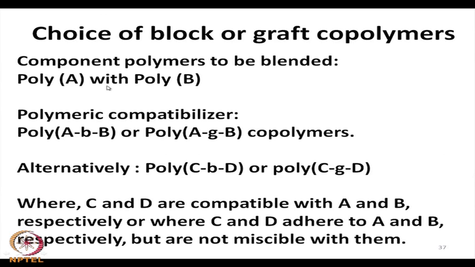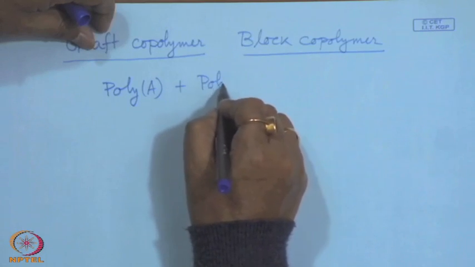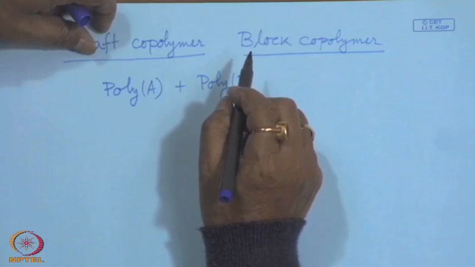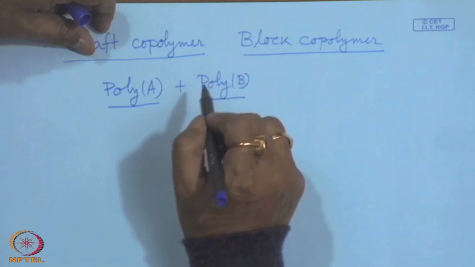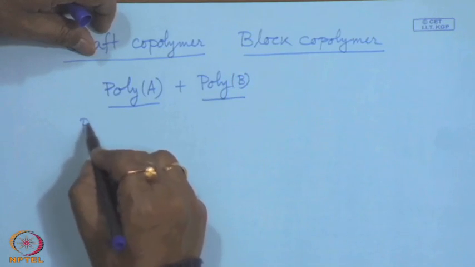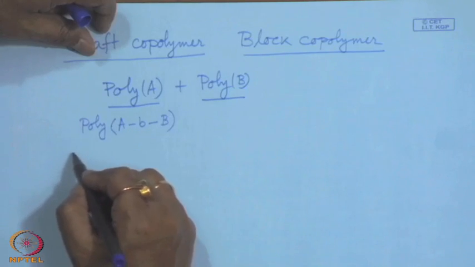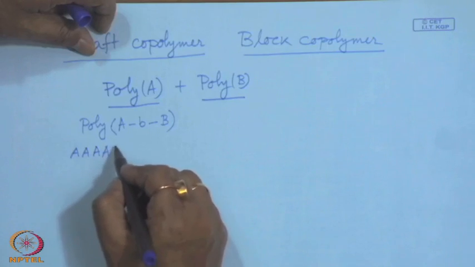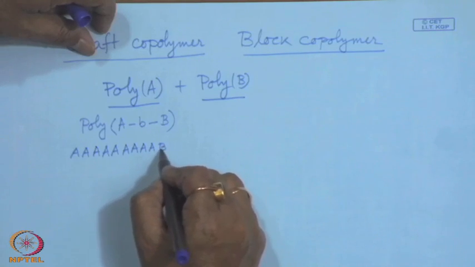Let us look into some specific examples. Say, the component polymers to be blended may be designated as polymer A to be blended with polymer B. For compatibilizing these two polymers, you have to choose a polymeric compatibilizer of this form, poly A block B. It means you can have a polymer having a block of A monomer followed by a block of B monomer.